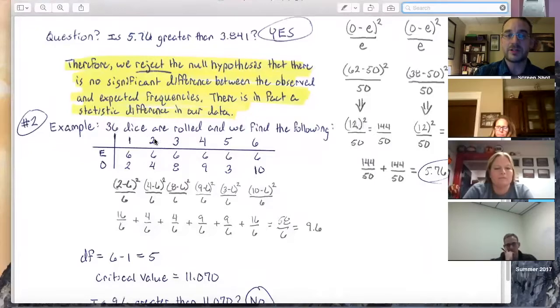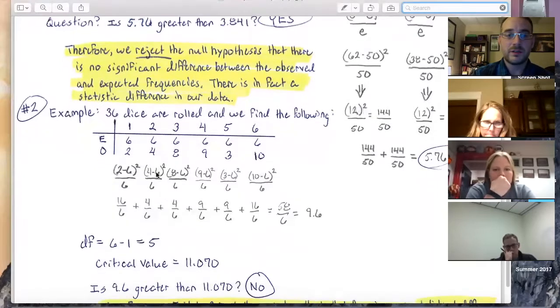Close to 100 of those are going to come up 2. So we're saying that these numbers look off. Our research hypothesis is that there's a significant difference between these expected values and these observed values. So our null hypothesis is that there's no significant difference between the expected and our observed values.